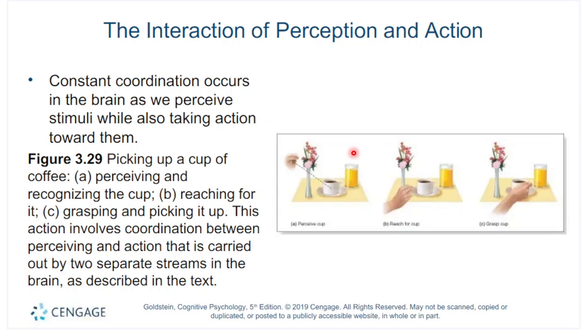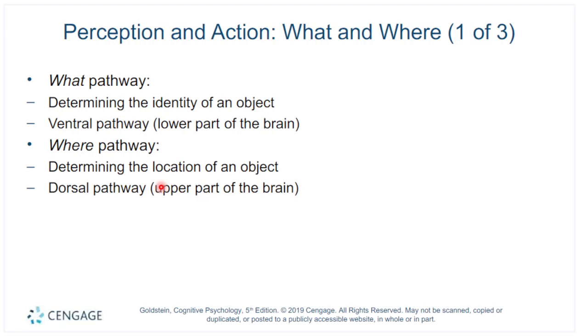So, this is processed in the lower part of the brain, which is the ventral pathway. The where naman, ayan, determining the location of the object is on the dorsal pathway, which is at the upper part of the brain.